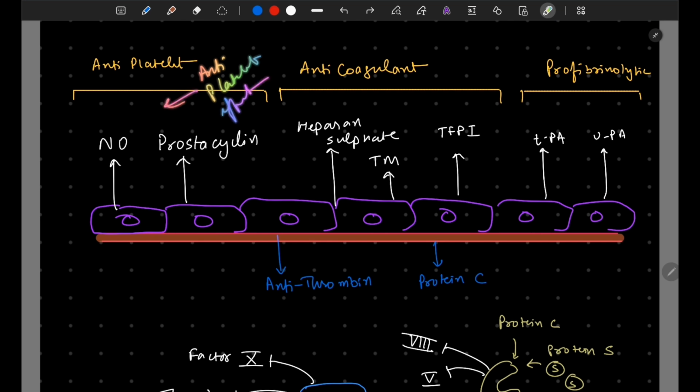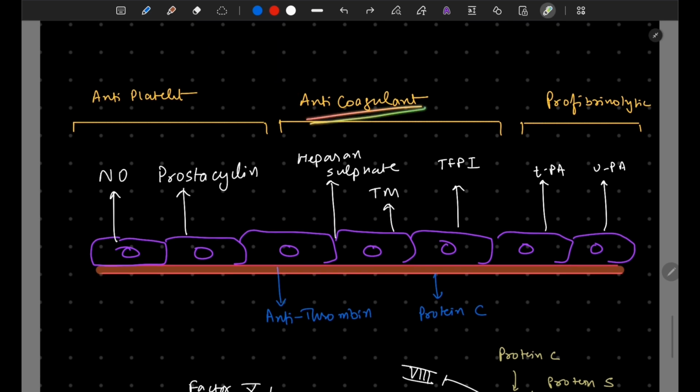That means the platelets which were formed and activated repel each other, leading to decreased aggregation, and decreased aggregation causes decreased platelet plug formation.